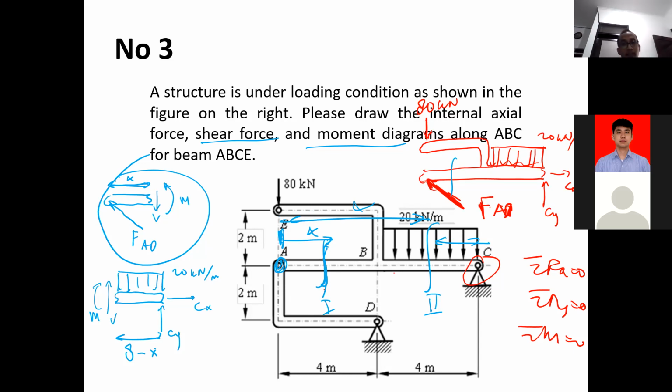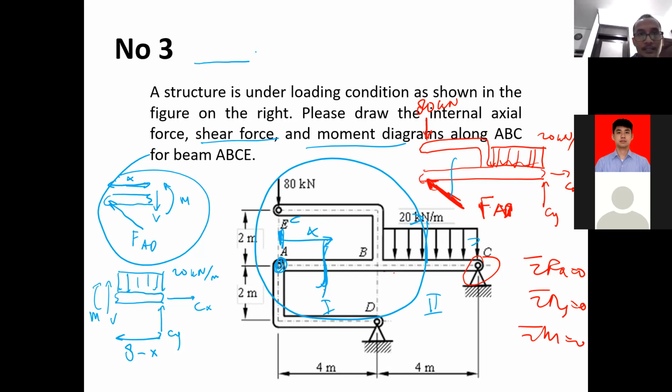Yes. But sometimes it is impossible for you to take from the other sides, right? If it's impossible for you to take from the other sides, for the second cut, like it or not, we have to take the left cut, and it will be slightly more difficult, because the free body diagram later will be like this.